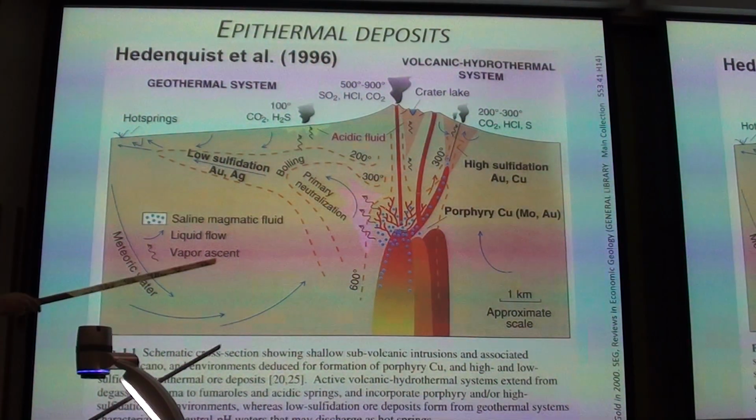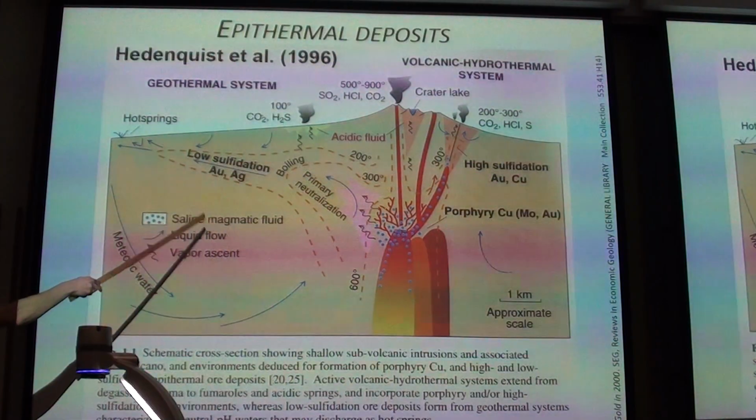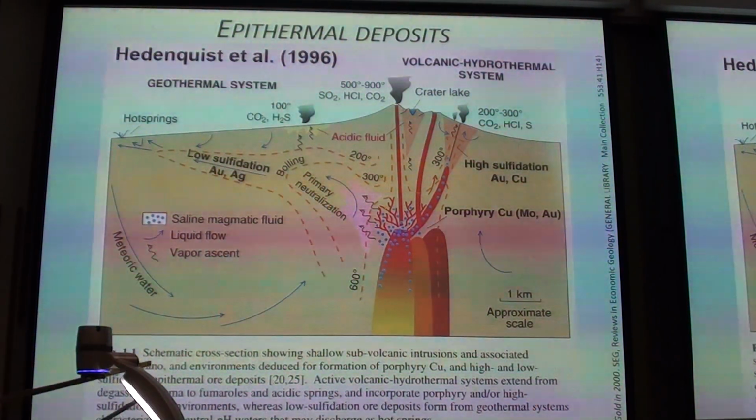And as these fluids migrate further towards the surface, if they are within the volcanic system, we form high sulfidation deposits, and if these fluids migrate away, they can interact to a greater extent with meteoric water, which basically neutralizes the acid character of these fluids, and they form low sulfidation deposits associated with hot springs.